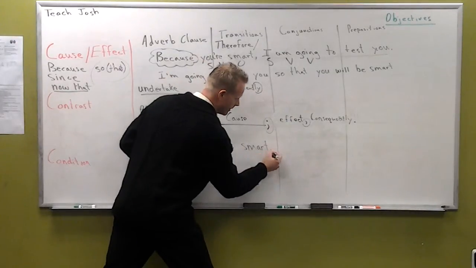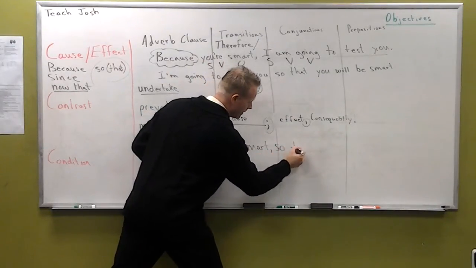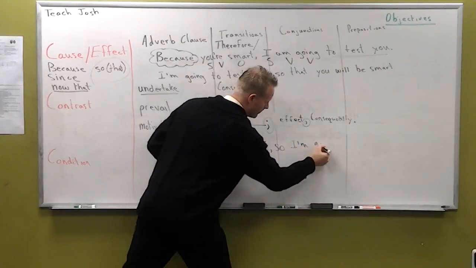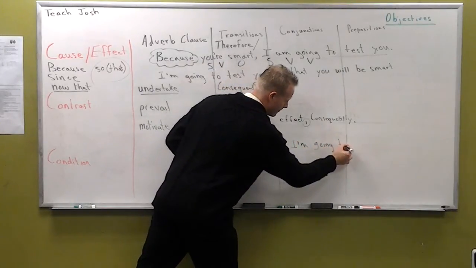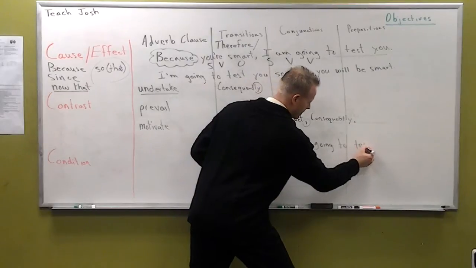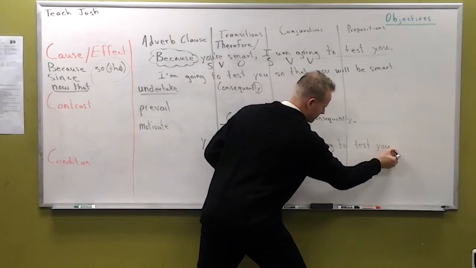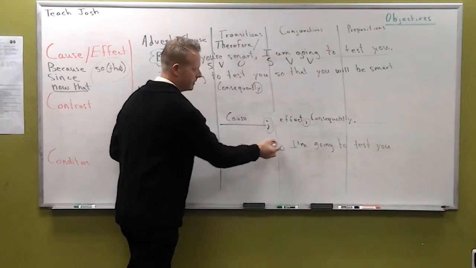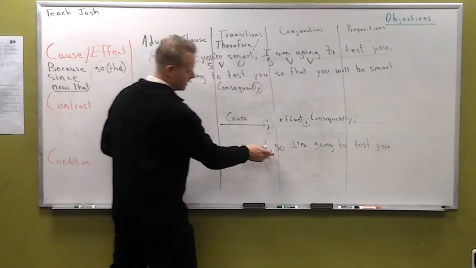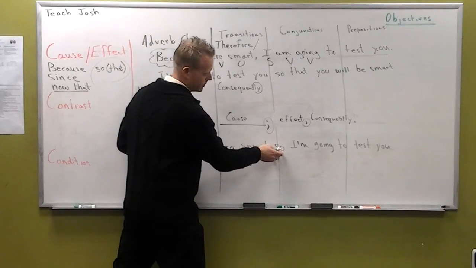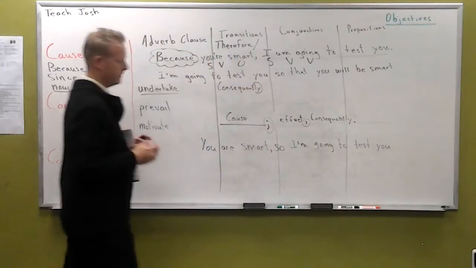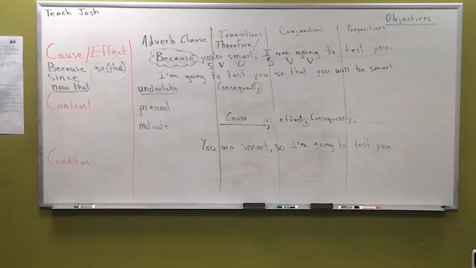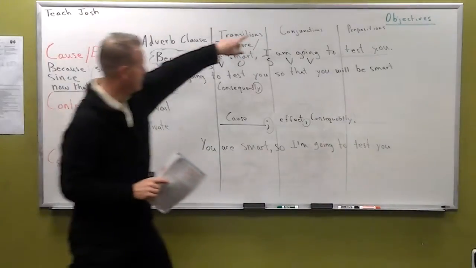Comma. So, I'm going to test you. And that's the configuration. You have an independent clause connected with a comma and coordinating conjunction, and then your other independent clause. Cause is on the front, result or effect is on the back side. So there's another way to write a cause and effect using a conjunction.